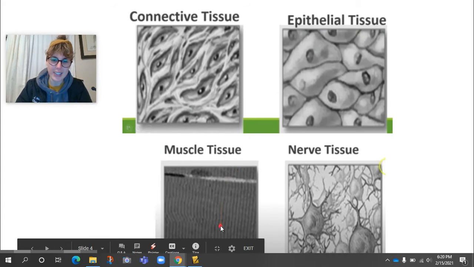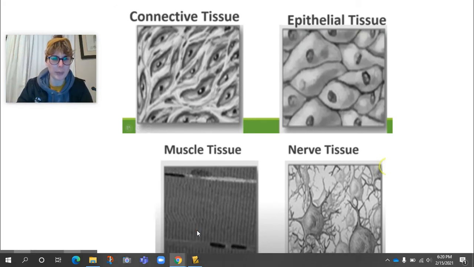You can see there's these kind of long striations in muscle tissue. And we're going to talk about why that would be really, really important for many muscle cells coming together to build a muscle tissue and why it needs to have some sort of elasticity or stretchiness to it.